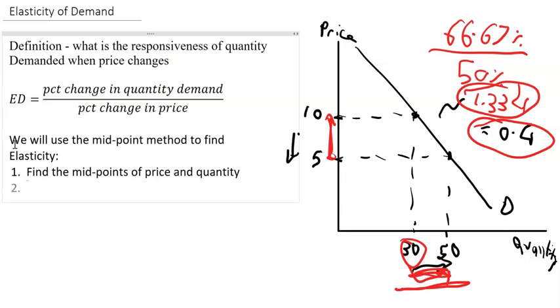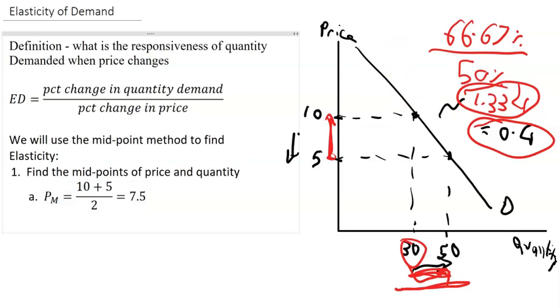In our case, the midpoint of price, let's call it PM, is the sum of the prices, 10 plus 5 divided by 2, which would be 7.5.